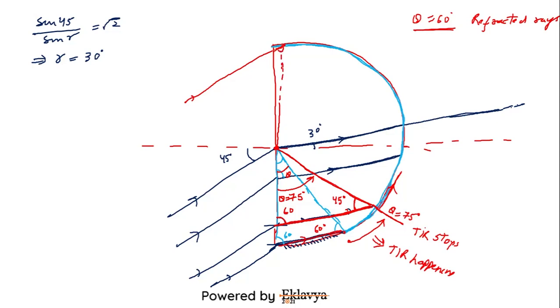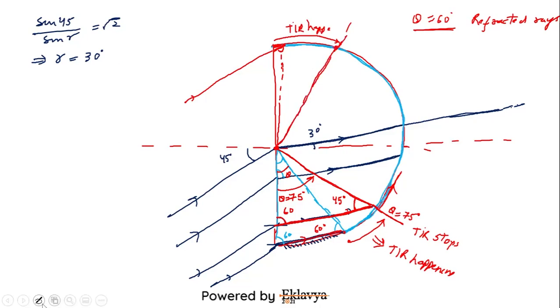So you can say that we are talking about a very short chord here. So the angle of incidence is pretty large here. So this will suffer TIR. So again, there will be a region where TIR is happening, and it will stop somewhere. So let's say this is the position where TIR will stop.